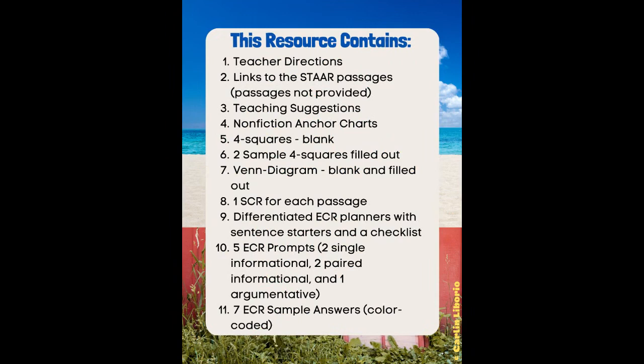Nonfiction anchor charts, four squares that are blank, and two sample four squares that are filled out, and the purpose of those is to guide discussion in the classroom when you're diving deep into those passages. Venn diagram, there's some blank ones. There's one that's already filled out that you can edit and display on your smartboard when you're talking about similarities and differences. That'll really help your students to do that Venn diagram.